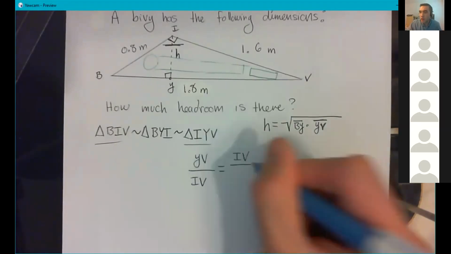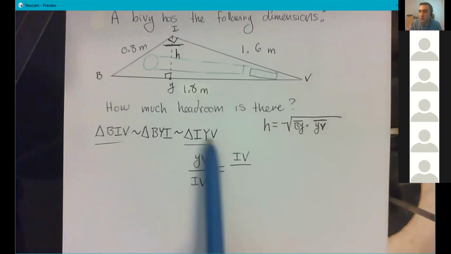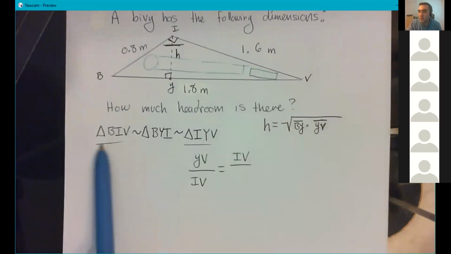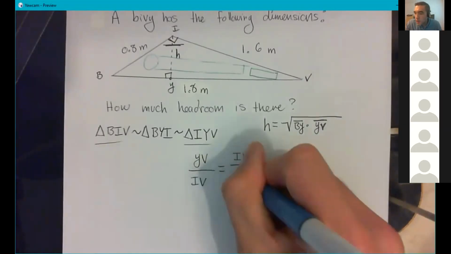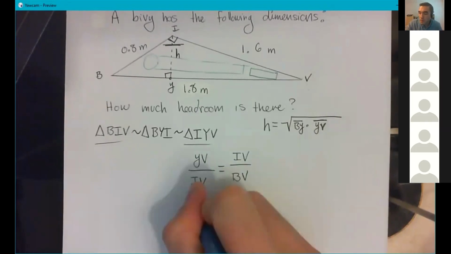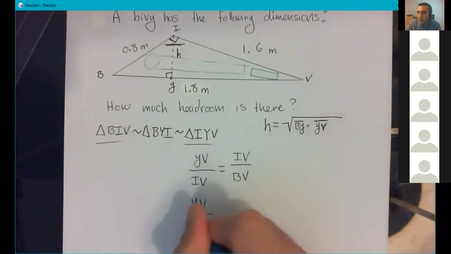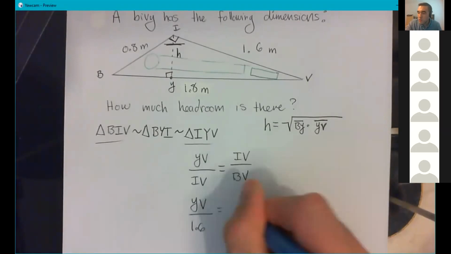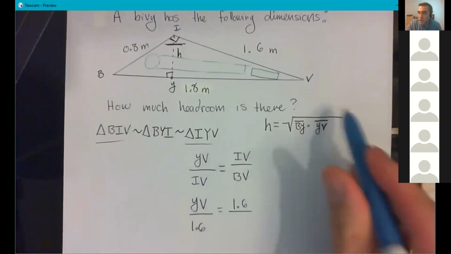divided by IV. IV is the first letter and the last letter. So what's the first letter and the last letter for the big triangle? BV. And now we can solve for YV because we have these other 3 numbers. So YV divided by IV, which is 1.6, is going to be equal to 1.6 divided by BV, which is 1.8.